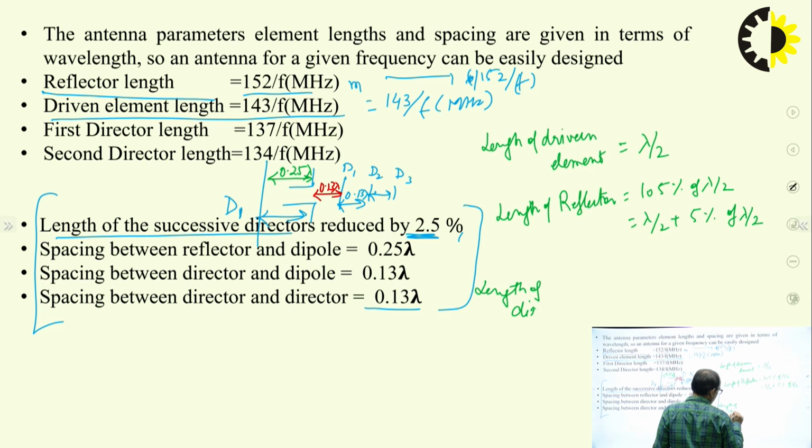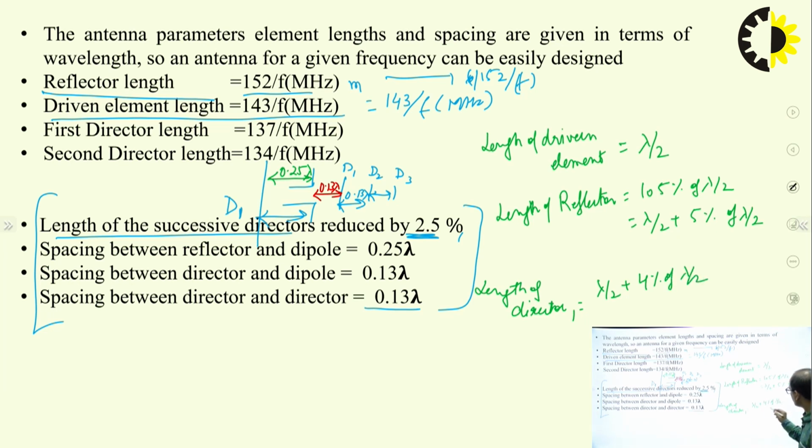And the length of director 1 is equal to lambda by 2 plus 4% of lambda by 2, or you can also say, no, it should be minus, or you can say that it is 96% of lambda by 2. Clear?